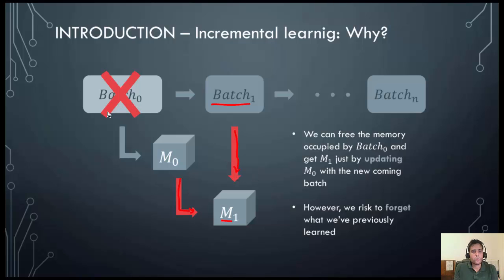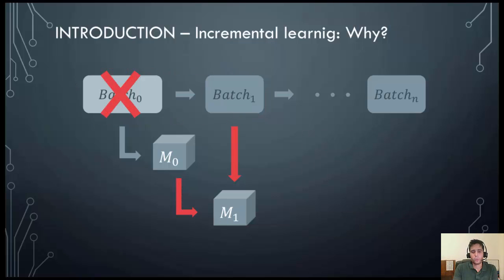Then we can just remove the images contained in batch 0 from the memory, and this is much cheaper than training M1 from the sum of all the images contained in both batch 0 and batch 1. However, this is also dangerous because we risk forgetting what we have previously learned about batch 0. And this is a well-known phenomenon in the literature that is called catastrophic forgetting.